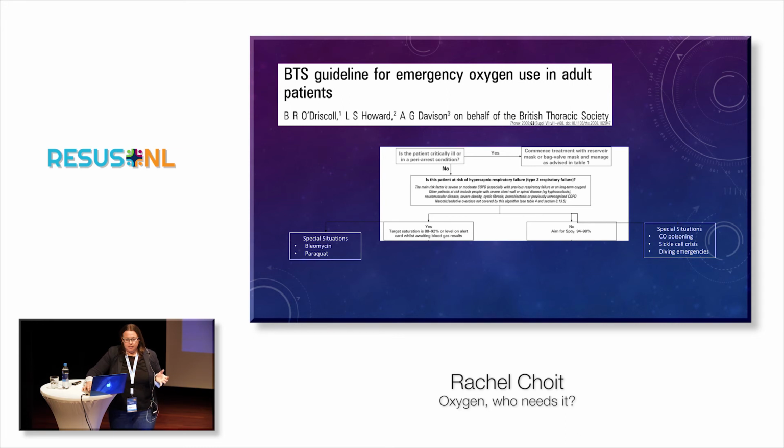The British Thoracic Society has released guidelines. This quotes an article that's 10 years old, but the guidelines are roughly the same, about the use of oxygen in adult inpatients. This is a very truncated version of the slide. It goes through decision-making based on ABGs, but the crux of it is, if the patient is about to die, give them oxygen.